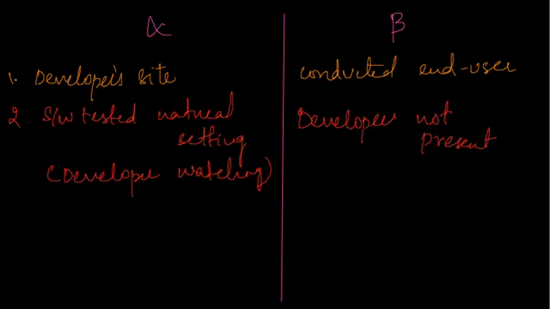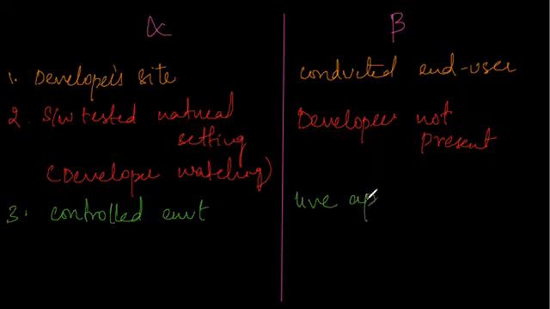Then the next one is, now as the developer is doing the testing, you do not have any real-time environment. So this testing is done in a controlled environment. If any changes are needed, you've got a team that is going to help you do that. Whereas in beta testing, as you're testing the application at the end user side, this is going to serve as a live application.